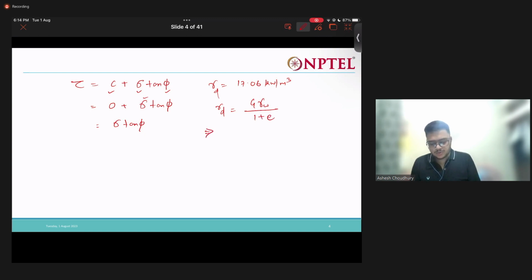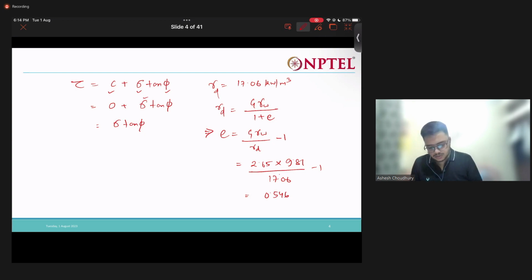So from here, we can find out our void ratio, e, nothing but G gamma w by gamma dry minus 1. If you put all the values, G is 2.65, gamma w is 9.81, and gamma dry 17.06, we are getting e as 0.546, right?